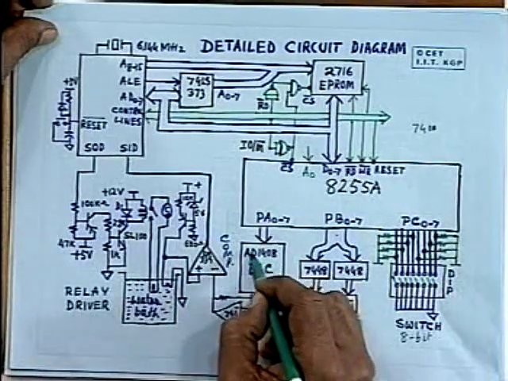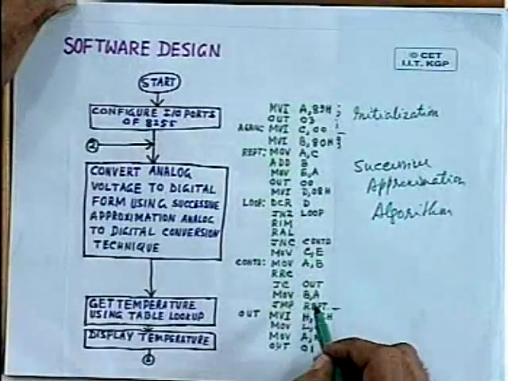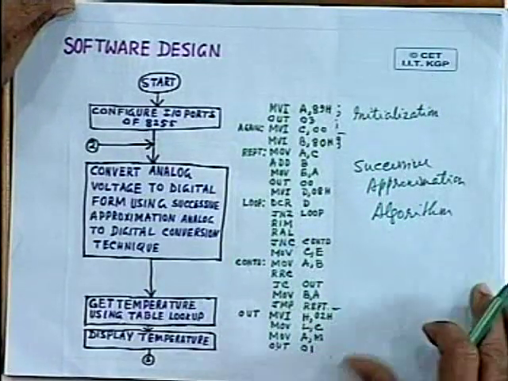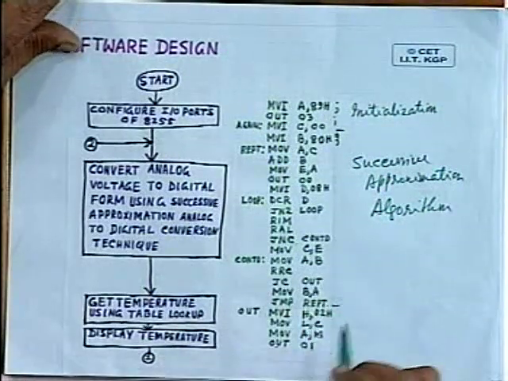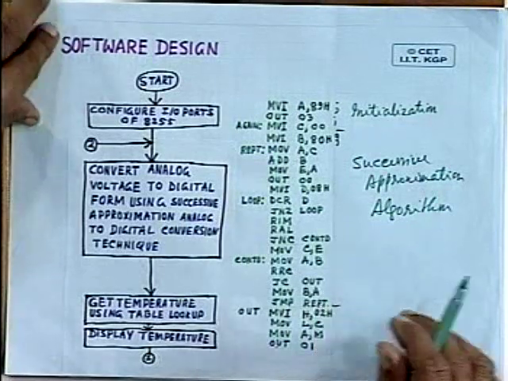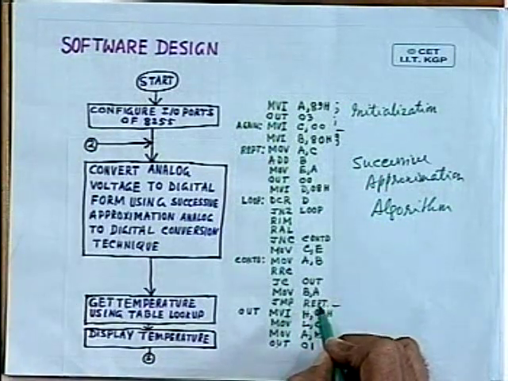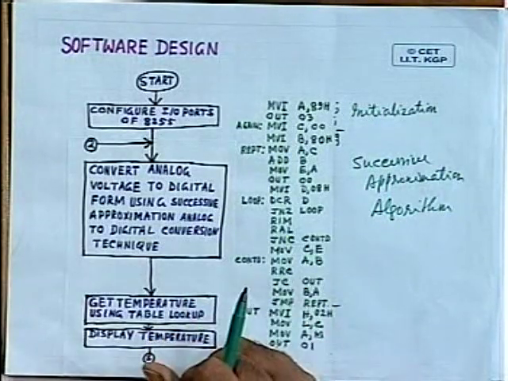That digital value is available here in port A. And that value has to be used for getting the temperature. How do you do that?